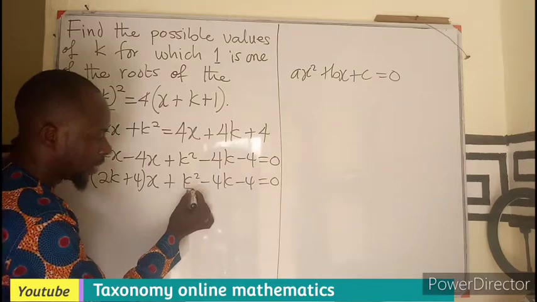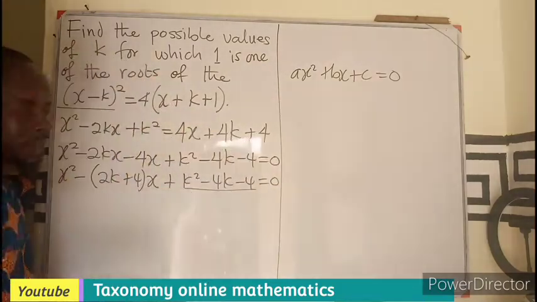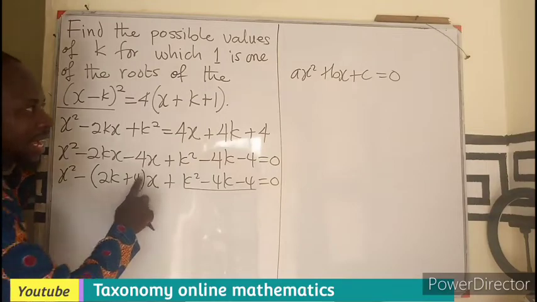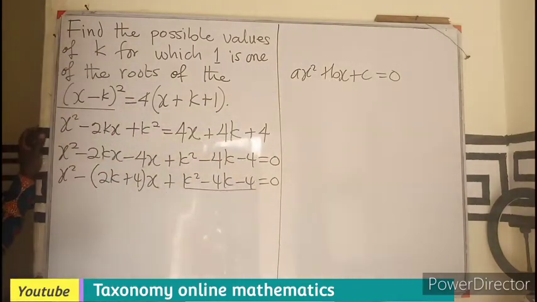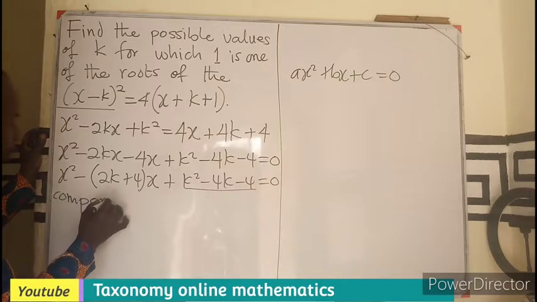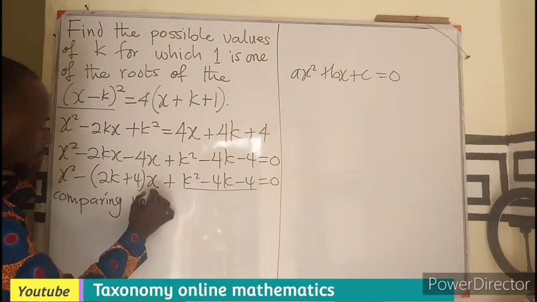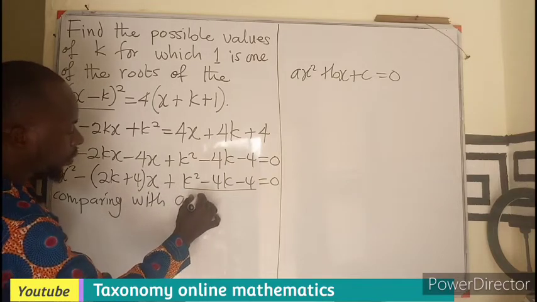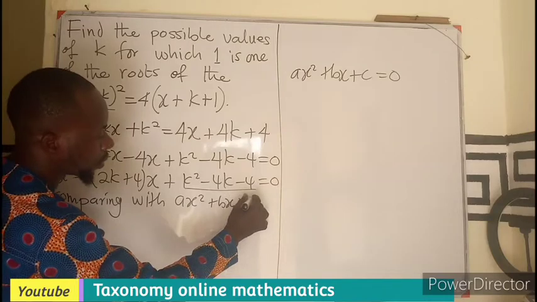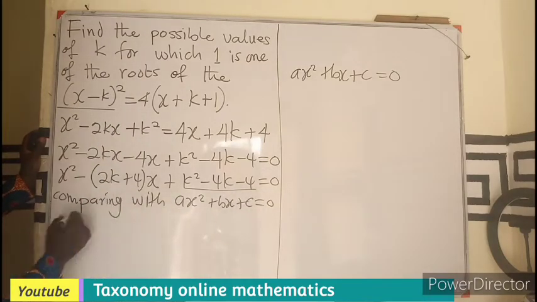Don't forget, all this will be taken as the constant term, c. Then this will also be taken as our b. I believe you get it. So comparing this with the general form, we can say that our a, which is the coefficient here, will be 1.